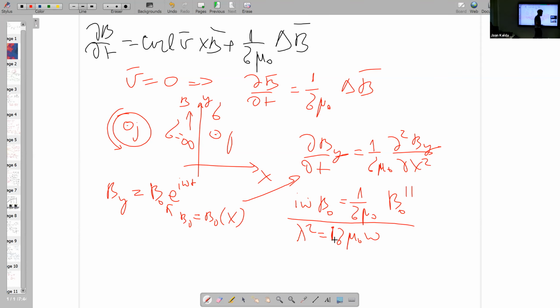And now comes the question: what is the square root of i? Lambda is now the square root of i. Who can tell me what is the square root of i? Big question. This is your first year in university, so do you still remember?